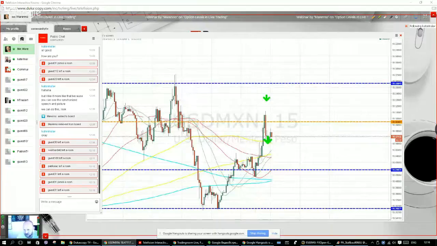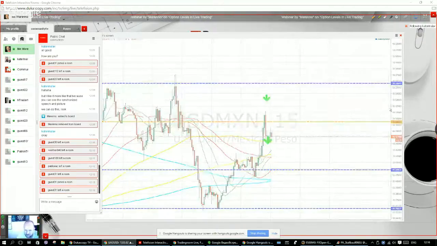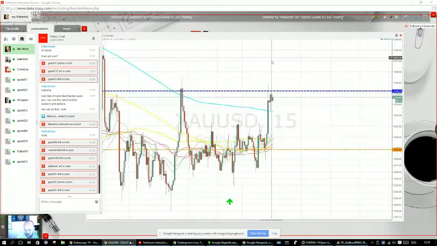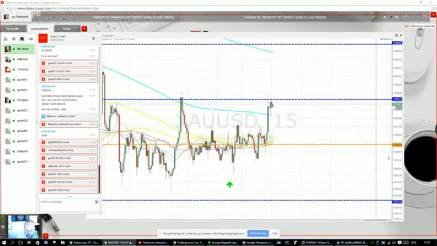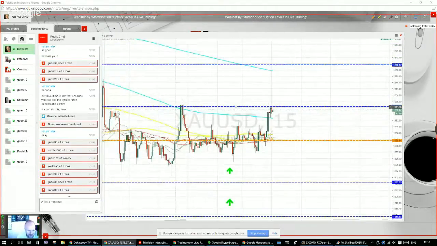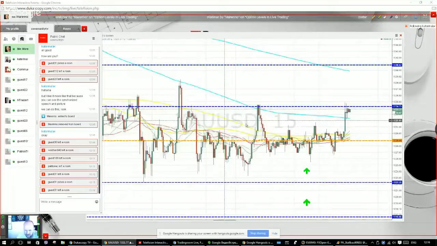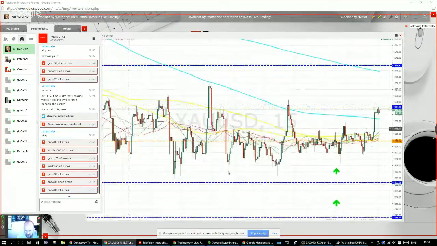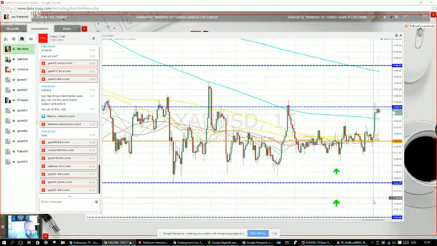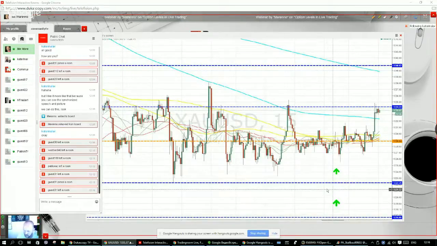All right, so the next one is gold. What I want to do with gold is buy it. As we can see, we are in a range here for quite a while. I did have a buy limit order at 1320 here, at this area. It didn't work out for me.